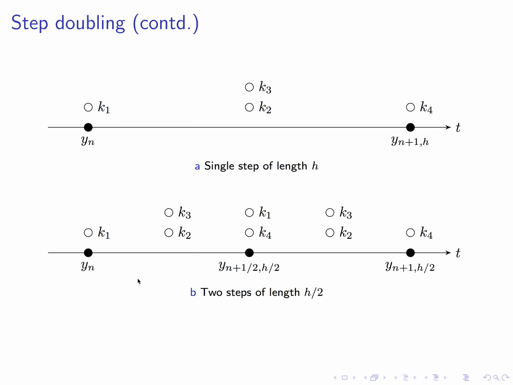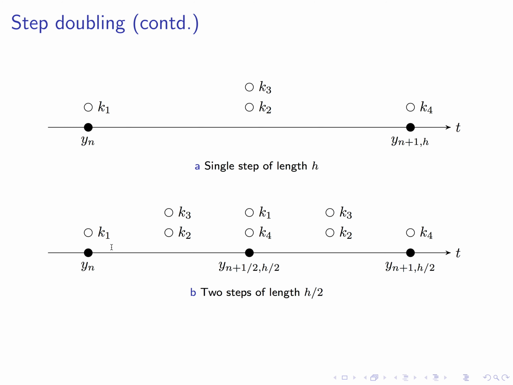So diagrammatically speaking, we have a single step of length h. So here we have our solution y_n, and this is the solution over 1 step of length h. And in terms of the calculation of the stage values, we need k1, k2, k3 and k4 for our standard 4th order method.